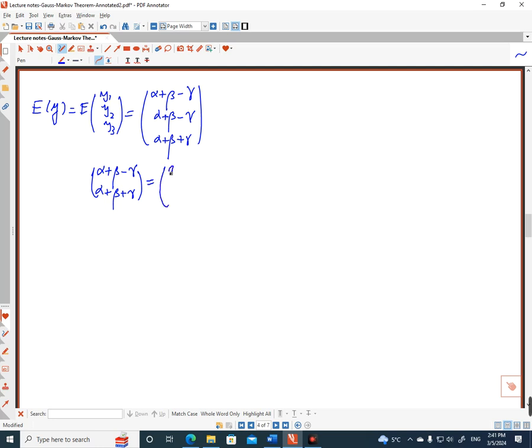One may write it as Q1 prime B and Q2 prime B. Once again, remember B is alpha, beta, gamma.